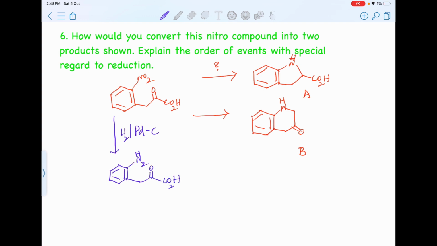So in the second step, we are doing this cyclization reaction with the ketone and we get the cyclized compound.